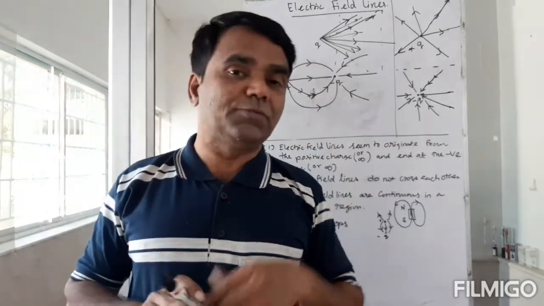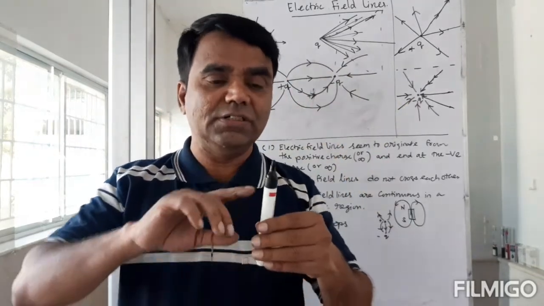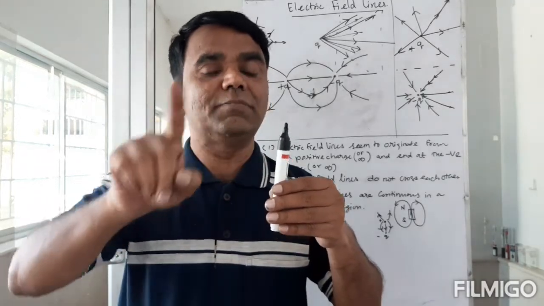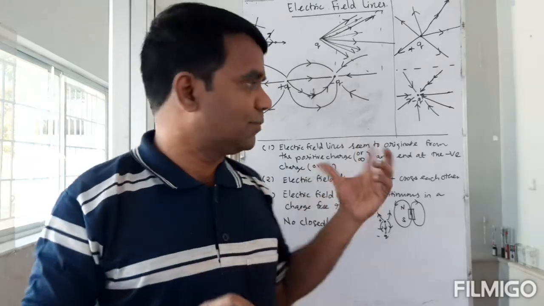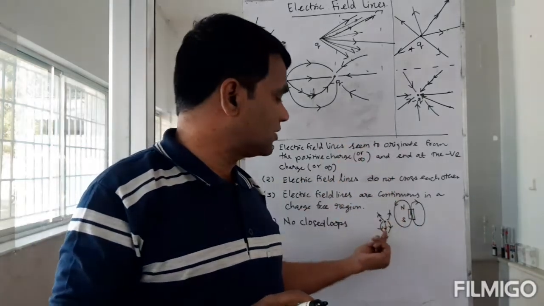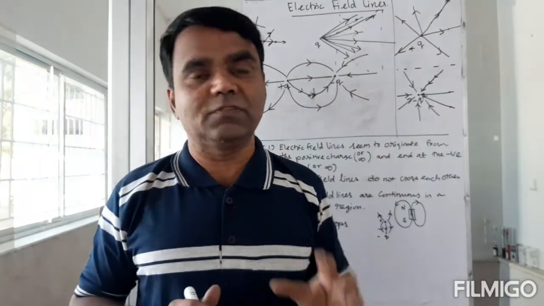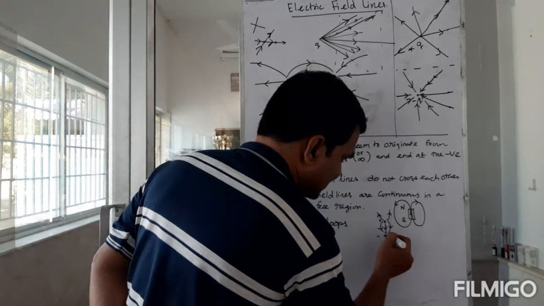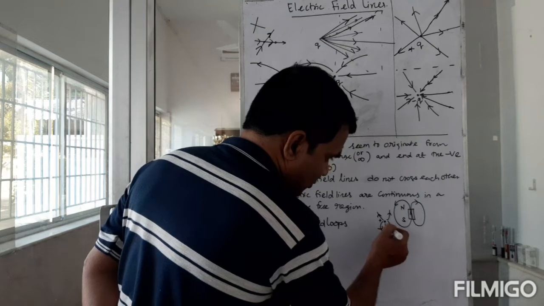If you remember from your lower standard classes, if you take a magnet, the north-south poles, then the line will start here and make a complete loop. But that won't happen here. It will start from positive and end at negative. That's it. There are no closed loops. You see, I can never find a closed loop. It starts from here and it ends here. I can't go this way, because the direction is opposite now.